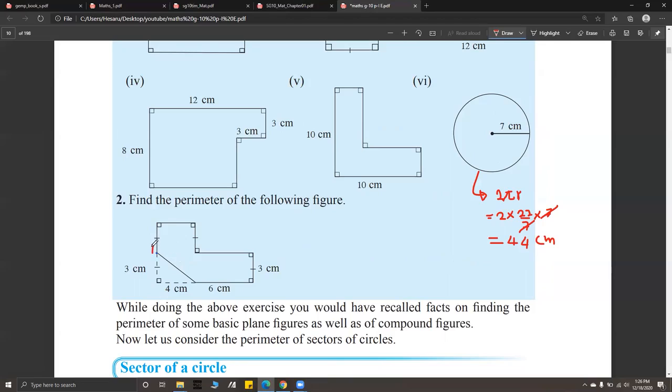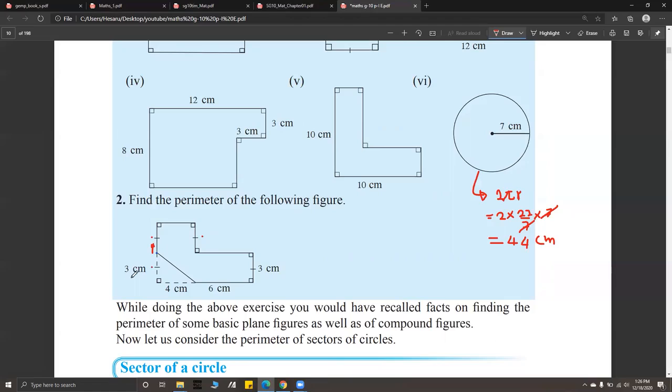So in this case, how can we proceed? Let's start from here. These lines indicate that the lengths of the members are equal. If this member is 3 centimeters and it has one line here and one line here and one line here, it means all the members which have a line drawn are the same. So this one is 3, this one is 3, this one is 3.